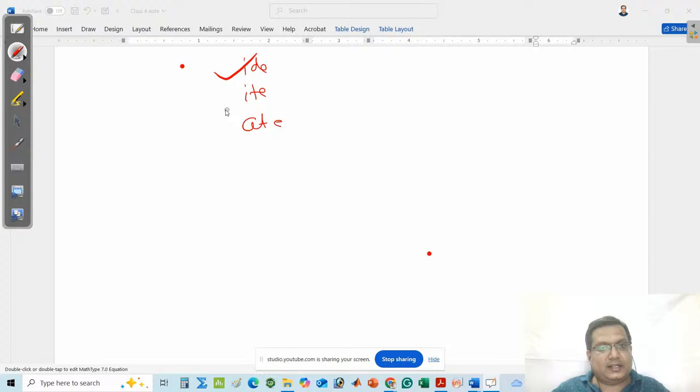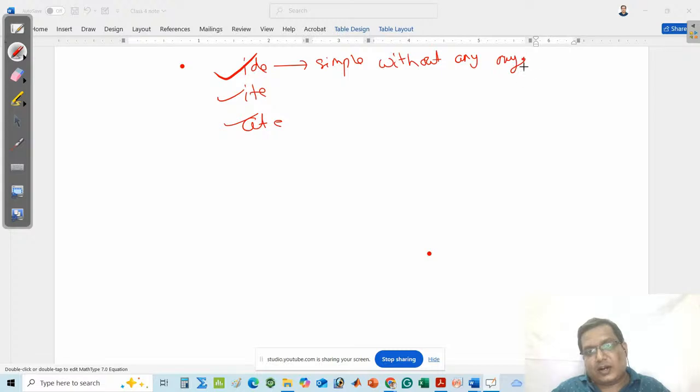One is your ide, second is your ite, next is your ate. Ide, always remember, it is a simple ion without any oxygen. It is a simple ion. But if you think about ite, it belongs to an element with the oxygen.